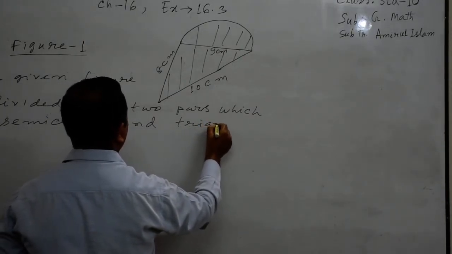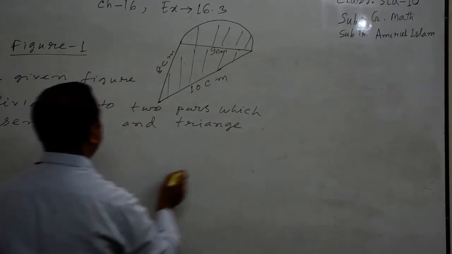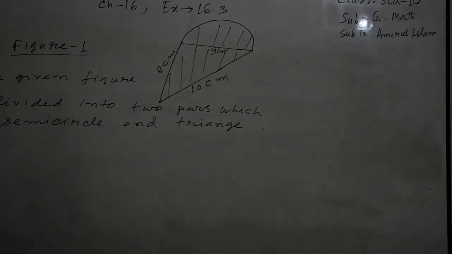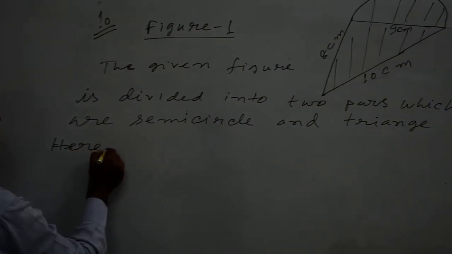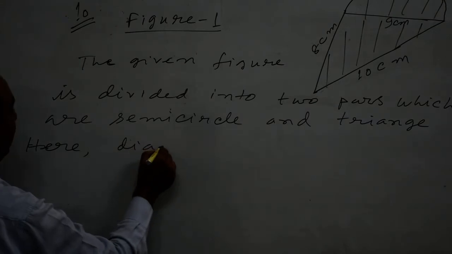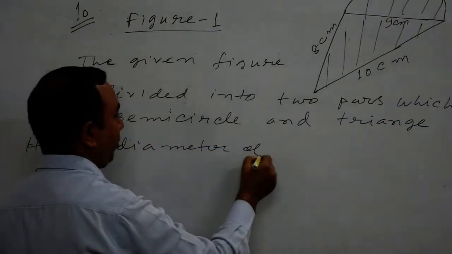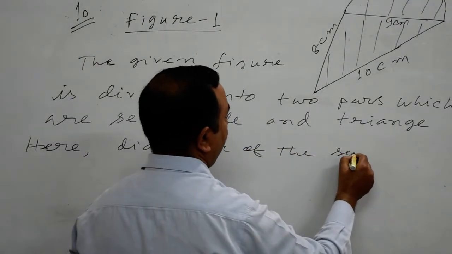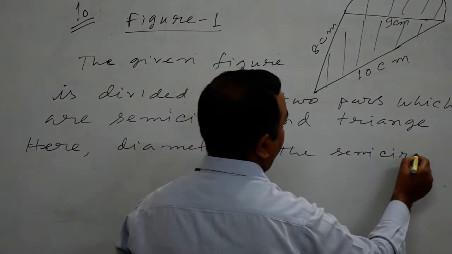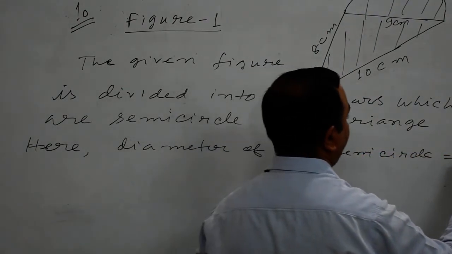Semicircle and triangle. Here, the diameter of the semicircle is equal to 9 centimeter.